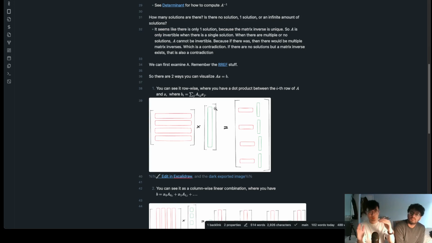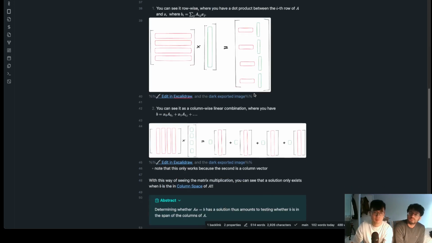First row times the column, second row times the column, etc. But you can also visualize it as a scalar multiplication between the first value and the first column. Once you see it like that, you can see that in ax equals b, where x is your vector, b must be created from a linear combination of the columns of a.